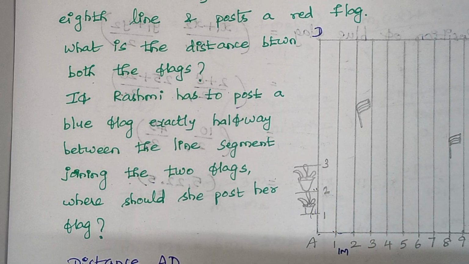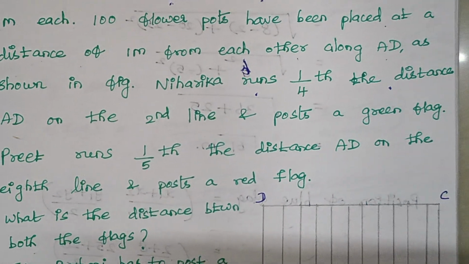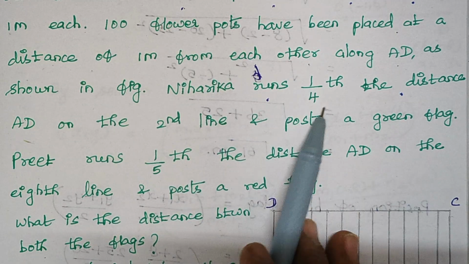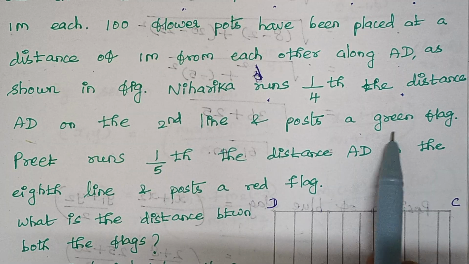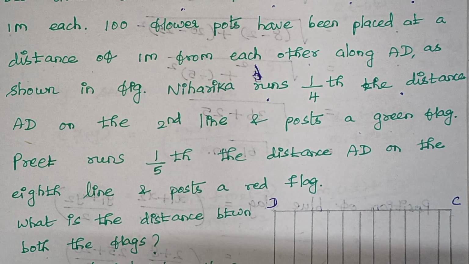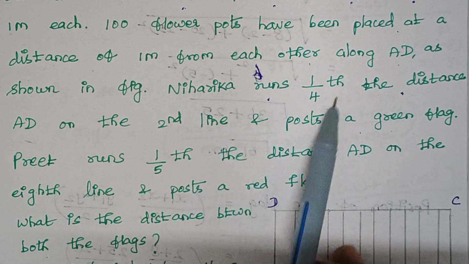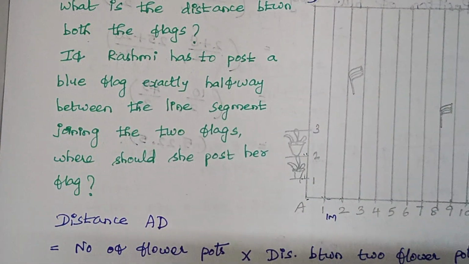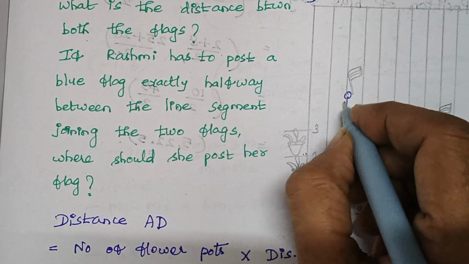Niharika runs 1/4 the distance of AD on the second line and posts a green flag. So this is my second line, and on the second line a girl runs.